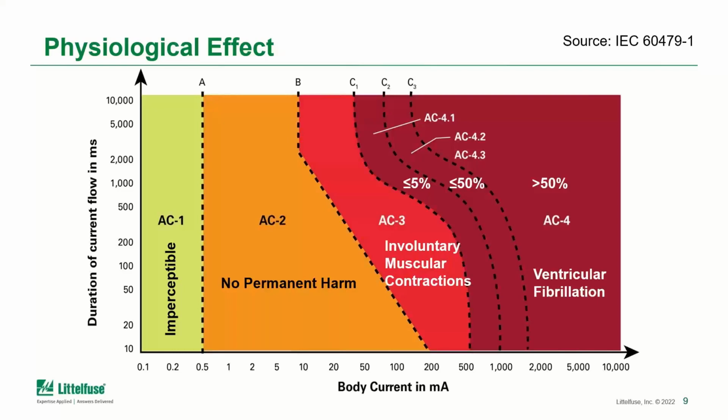That line is not straight up and down. There is an angle there, which says there are some current levels that could be present on the body for a certain amount of time before you end up with that inability to let go. And there is a definite line where the B hits the top of the graph, where if you need to stay below that let-go threshold, the current needs to be below a certain value.